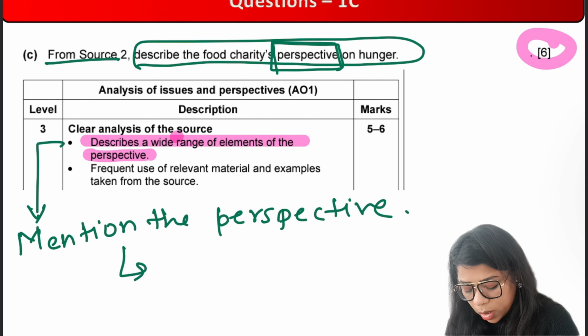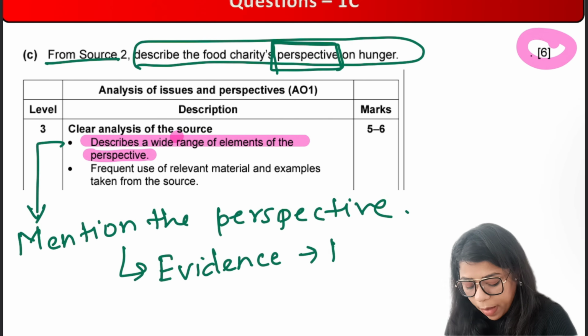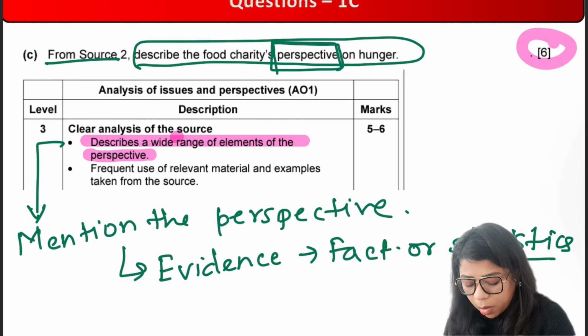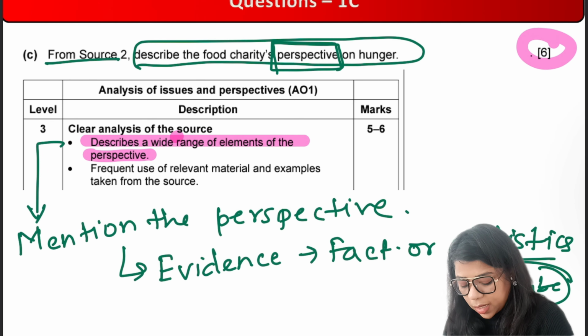Then you will talk about the evidence given by them in the form of facts or statistics. When I say statistics, it talks about numbers.